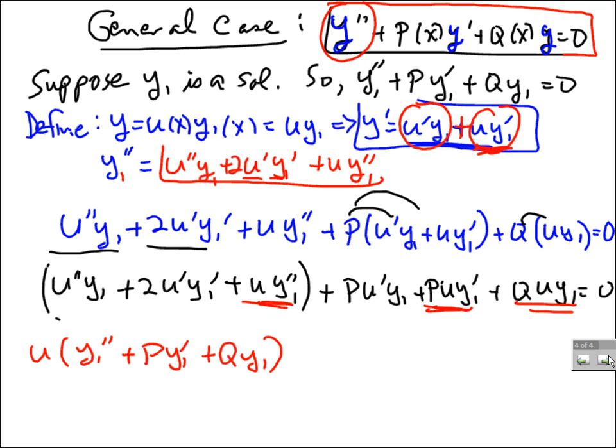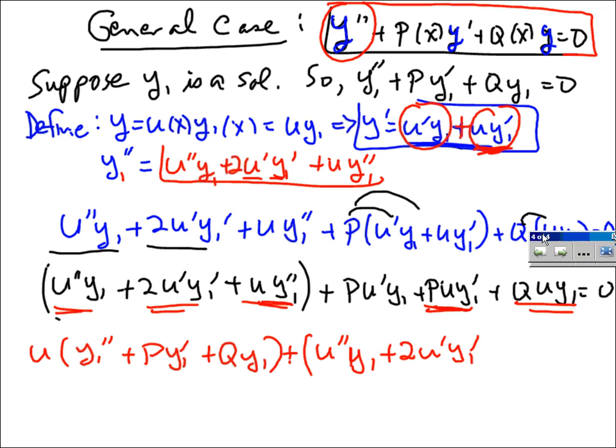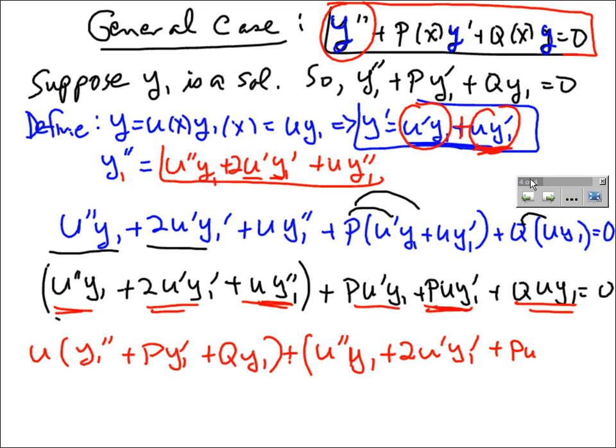I factored out the u in front. So I underlined what I already used. So I'm going to write down everything else from right to left. That is, first I write this down, and you don't have to, I'm just doing it that way. Plus this piece. And that's it.